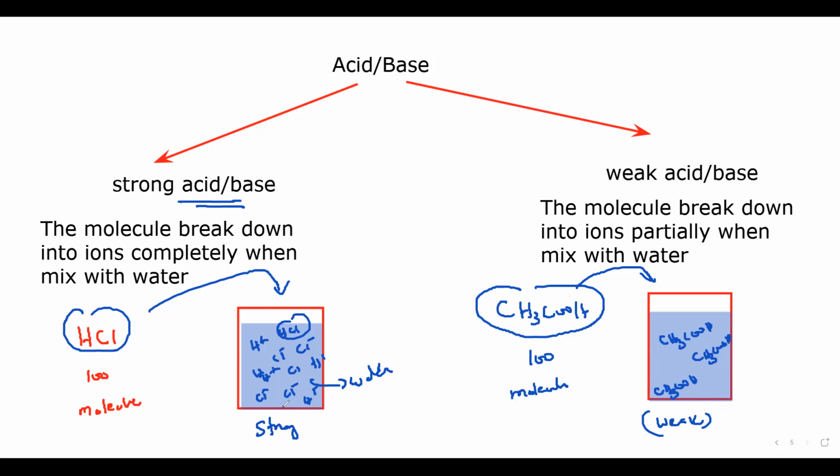That's why strong acids are good electrolytes. Their solutions can conduct electricity. But weak acids are not good electrolytes because they don't have many charges or ions. Most of them are molecules, so they are not able to conduct electricity to a greater extent. They can conduct, but not to a greater extent.